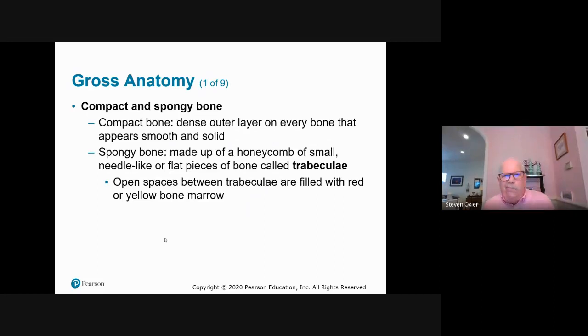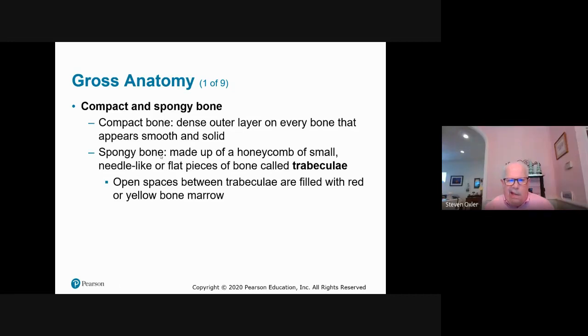There are two types of bone in your body. Compact bone. Compact bone is a dense outer layer on every bone that appears smooth and solid. Spongy bone. Spongy bone is actually honeycomb bone.